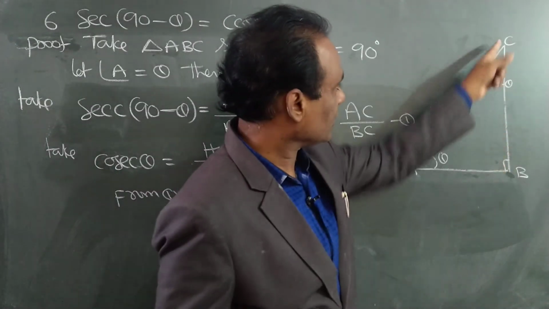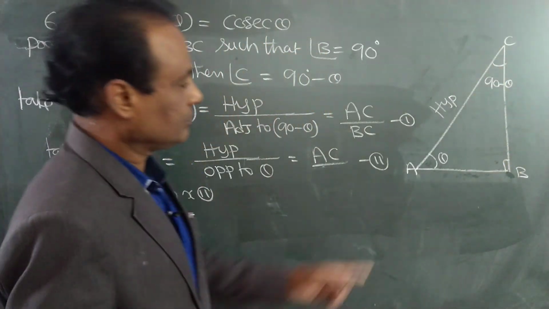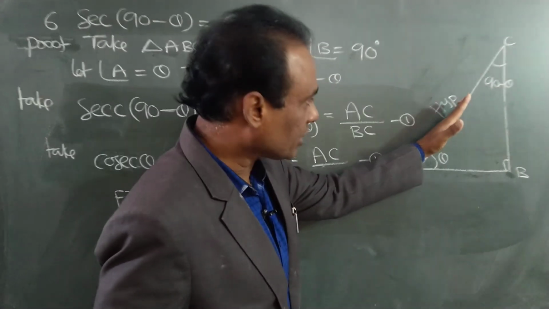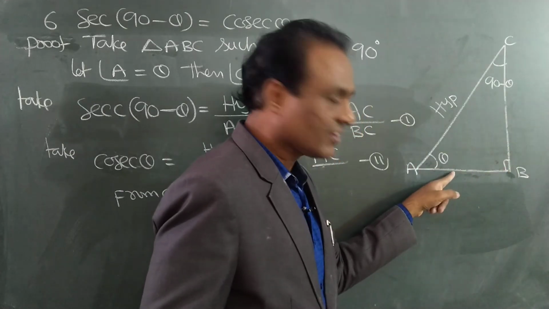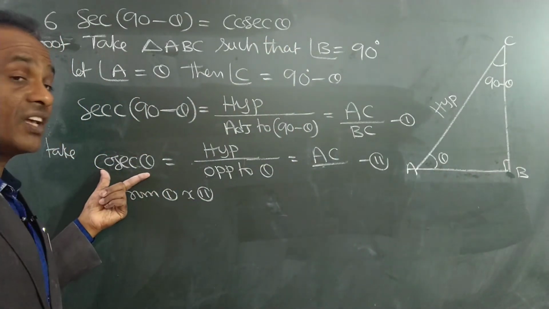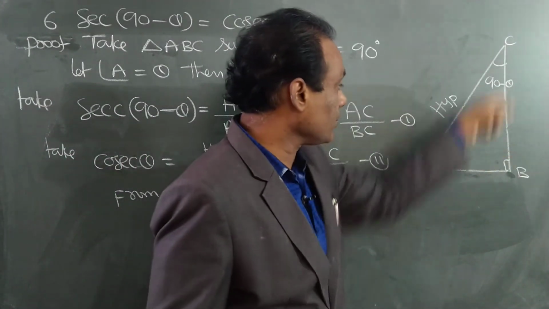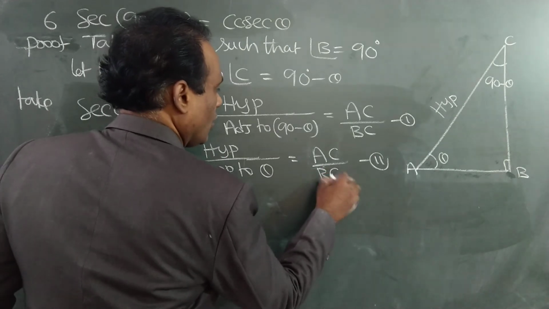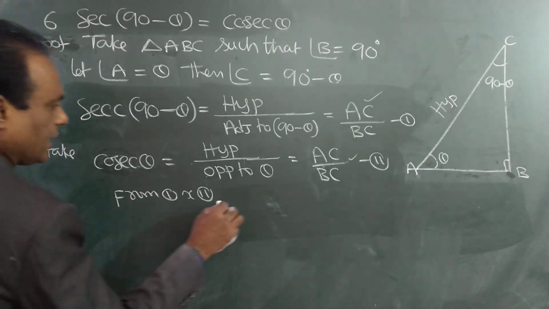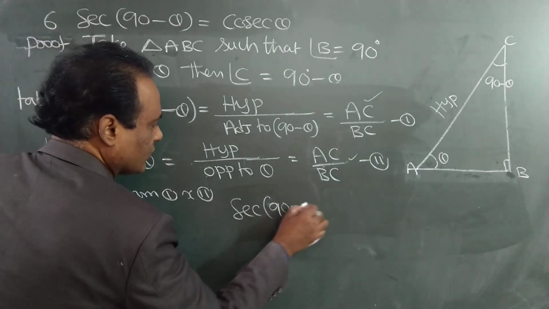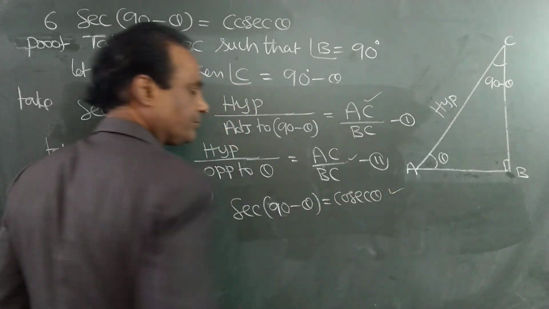Opposite is BC, opposite to theta. BC, not AB. For the theta angle, the hypotenuse is AC, the opposite is BC, and the adjacent is AB. So what do we require? Cosec definition is hypotenuse by opposite. For which angle? Theta. So what is the opposite side? BC. AC by BC, both are equal. Then these two should be equal. Secant 90 minus theta is cosecant theta. Over.